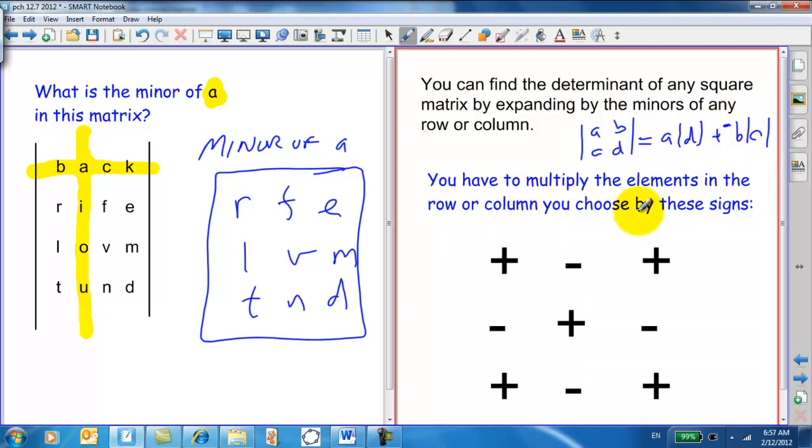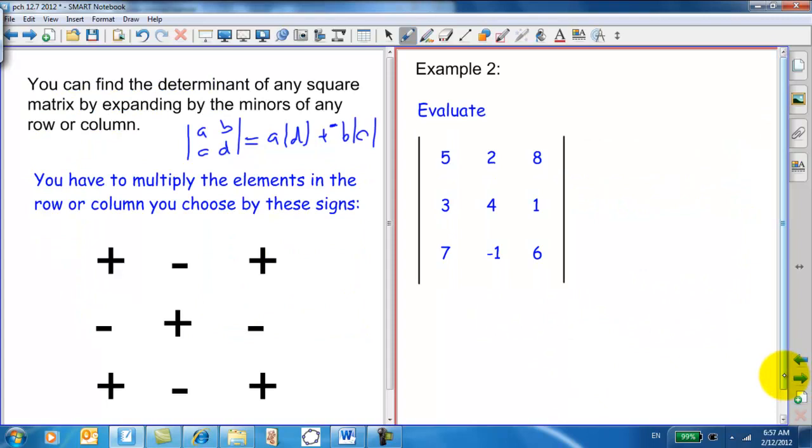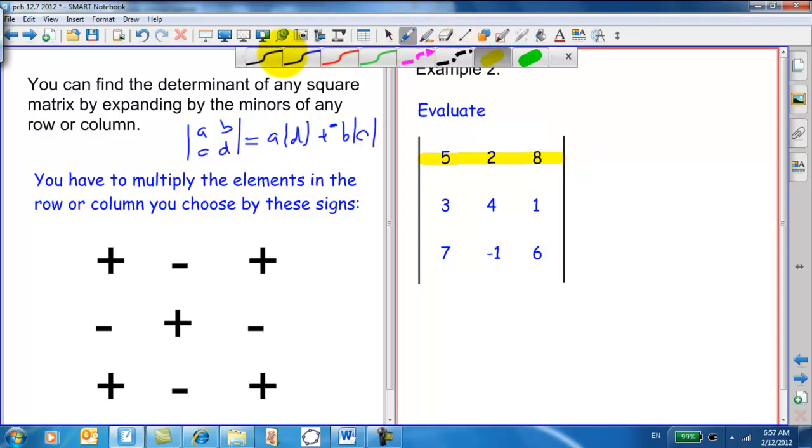You have to multiply the elements in the row or column you choose by these signs. So you put down all the elements in a row or column and then multiply the ones that might be in this position by a negative. Watch how this works now. So here in example 2, let's expand by minors of the first row. There's our first row. So I'm going to jot down the first row.